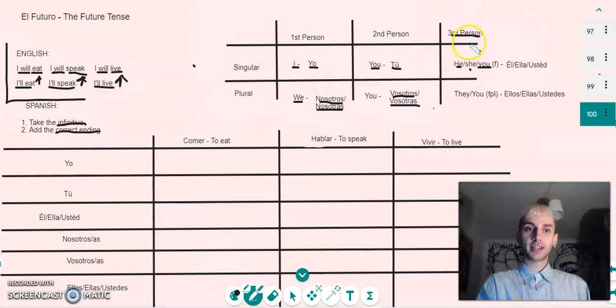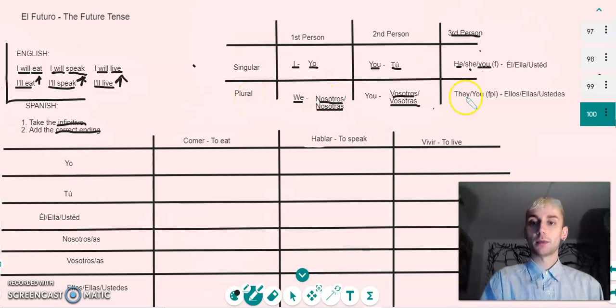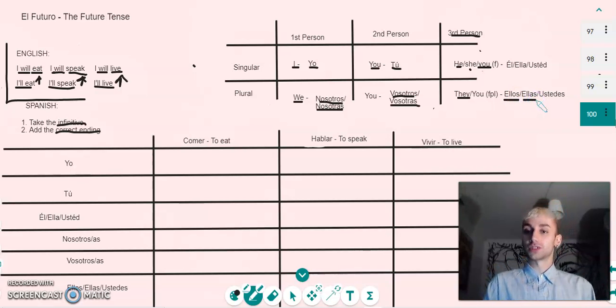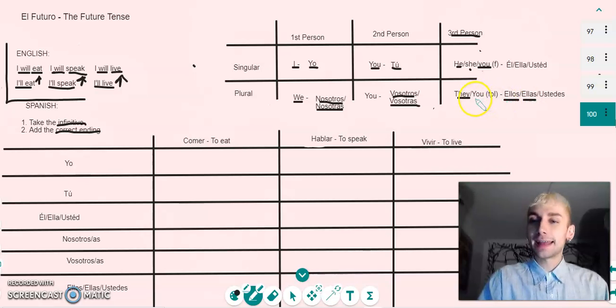Finally, we have third person plural, which in English is they: ellos for a mixed gender group or a group of solely boys, and ellas for a group of solely girls. And again, we have this funny formal you, but this time in its plural version, which is ustedes.